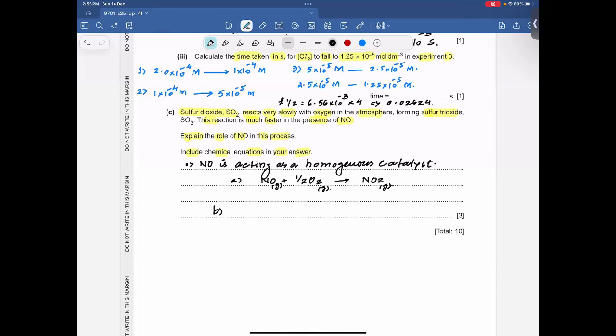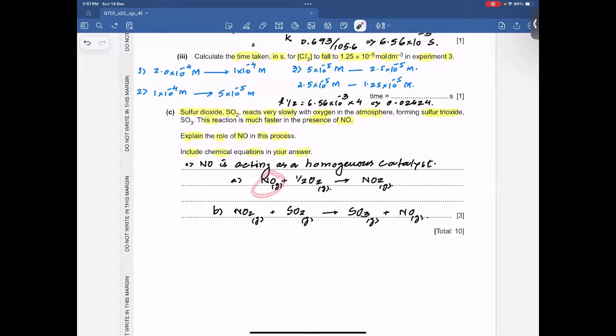Now this nitrogen dioxide gas is acting as an oxidizing agent, and it oxidizes sulfur dioxide in the atmosphere into sulfur trioxide and reduces itself. So technically reaction starts from NO. At the end, we have got NO gas again, which means it is acting as a catalyst. Since reactants and catalysts exist in same physical state, it is an example of homogeneous catalyst.